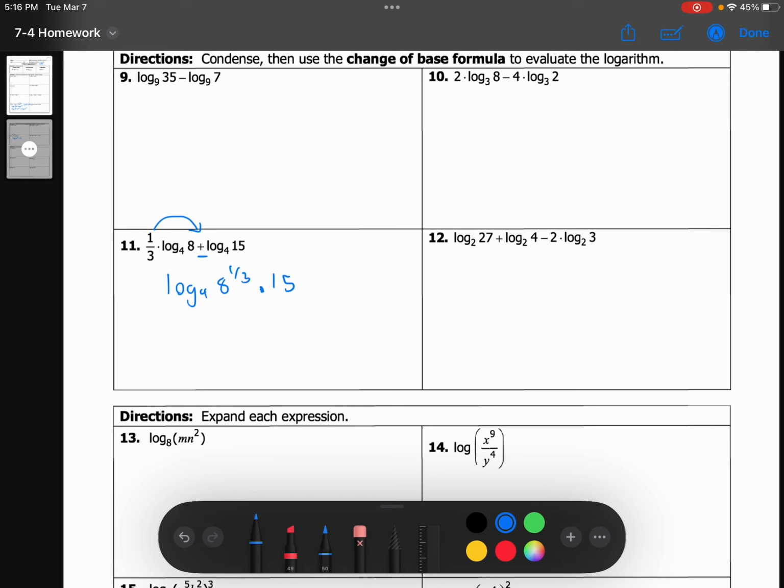Now, 8 to the 1/3 is the same thing as the cube root of 8. So the cube root of 8 would be 2. I'm going to multiply it times 15. So this right here would be log base 4 of 30.